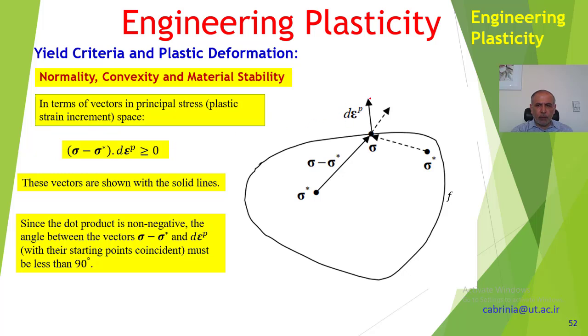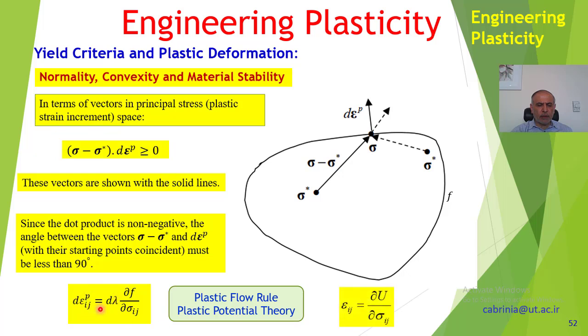So in this way it is proven that d epsilon p must be perpendicular to the surface f, and we call that the normality condition.